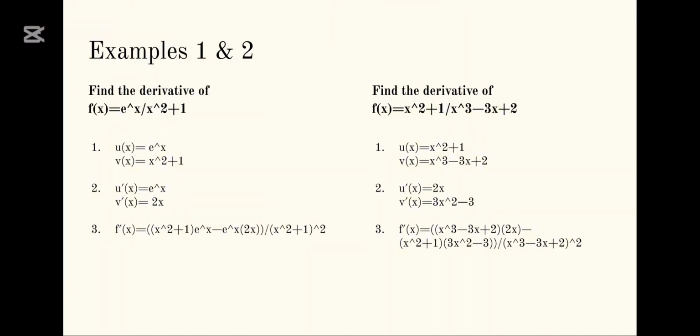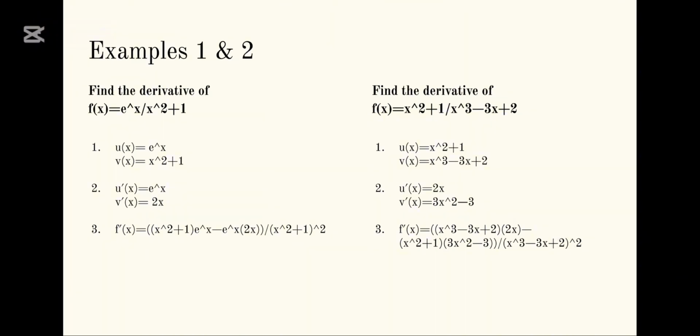So f prime of x is going to be equal to v of x times the derivative of u of x minus u of x multiplied by the derivative of v of x, and all of that is going to be divided by v of x squared, which is x squared plus 1 to the power of 2.